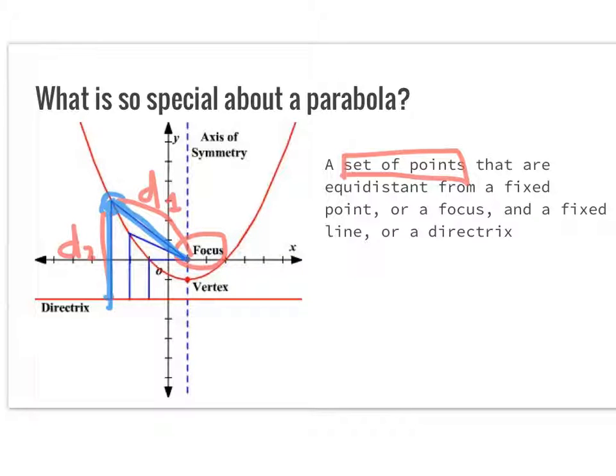They're equidistant, meaning this distance will be equal to this distance. Okay, let's pick this point over here. Oops, that point is a little ugly. So I have another point on this graph over here, and I draw a line from this fixed point. When they say fixed, it's just there. We're never going to change it.